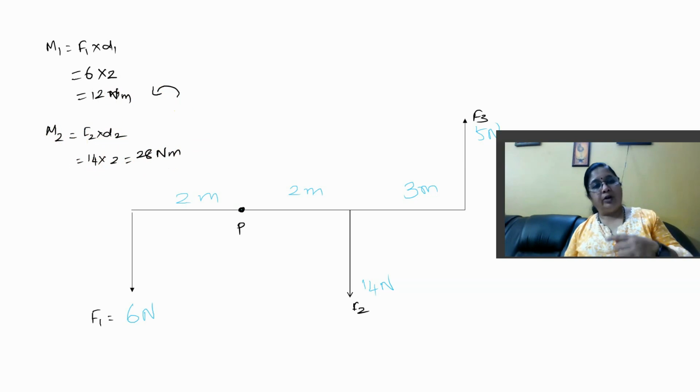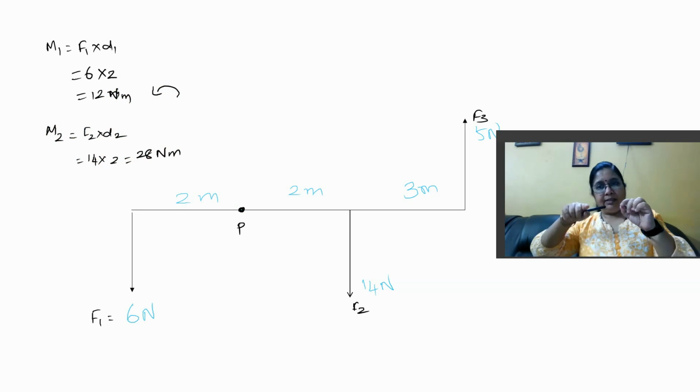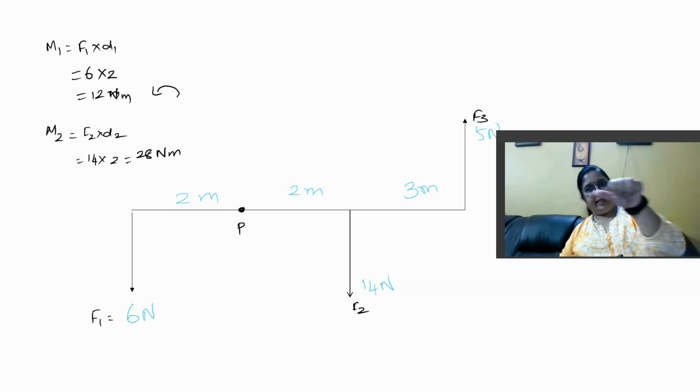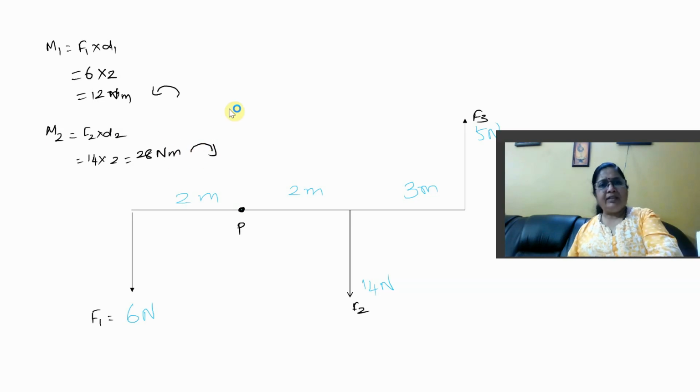Now look at your M2, your moment from the pivot. It will act like this, so this is in the clockwise direction. Now let us take the case of M3.